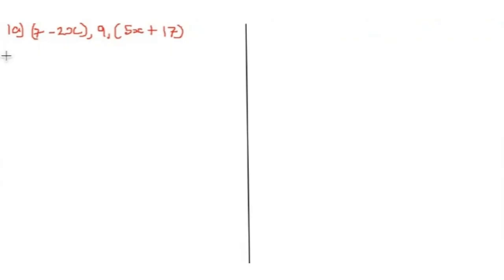So let's proceed. First of all, we know that for a geometric progression, the common ratio is gotten by dividing the term in front by the one immediately preceding it. So we have 9 over 7 minus 2x.